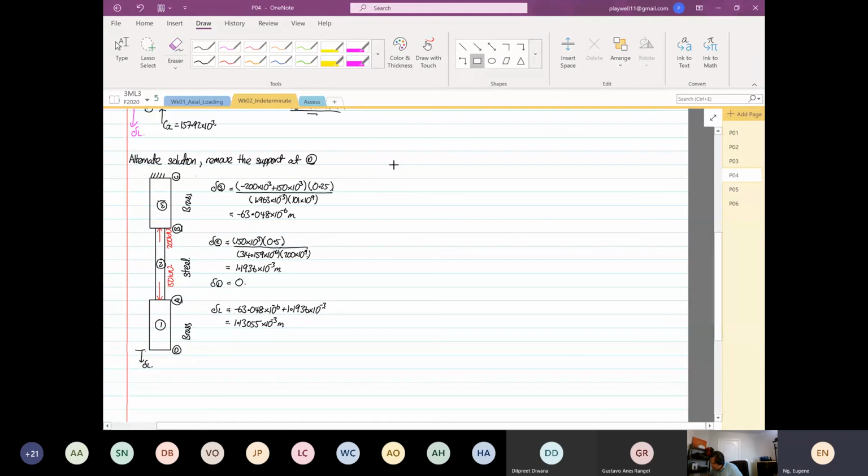Now step 2, because the geometry is still going to be the same, everything will be under compression.